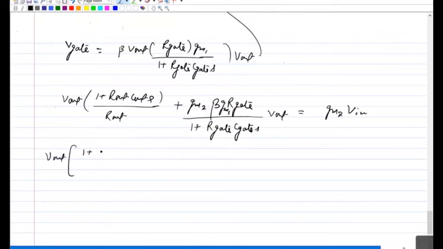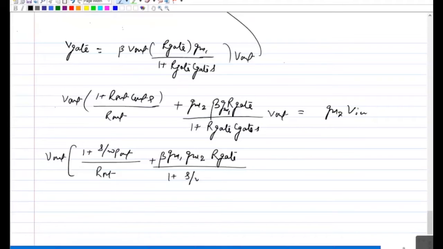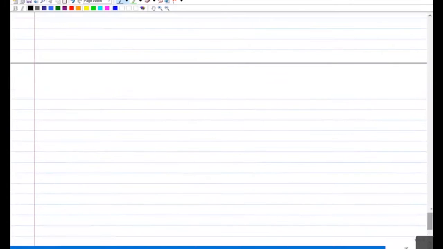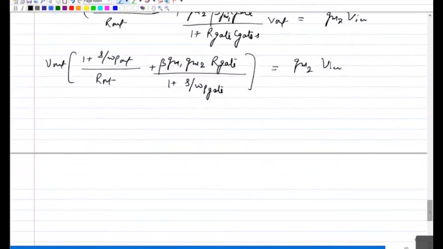So I can write this as 1 plus S over omega P out, divided by R out, plus beta gm1 gm2 R gate divided by 1 plus S over omega P gate, equal to gm2 V in.